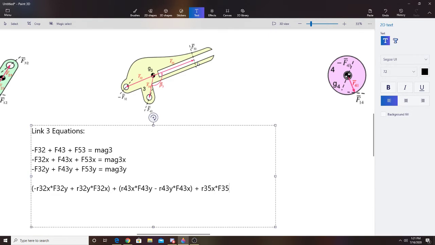If you flip it, you flip it. I'm not too concerned with it. And this is now the third force in here, and it must be equal to I3 times alpha.